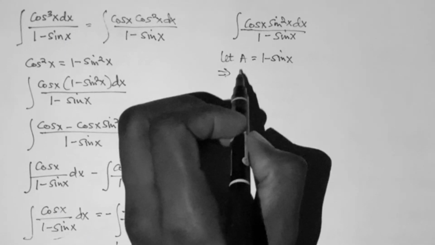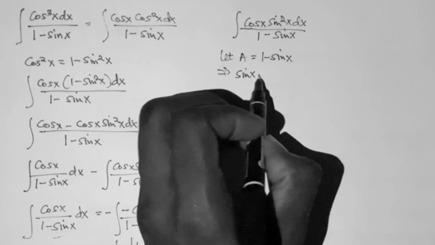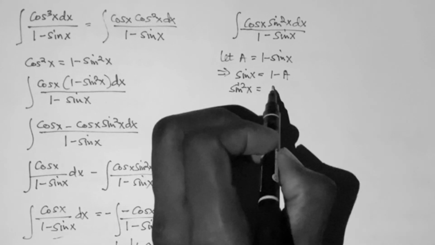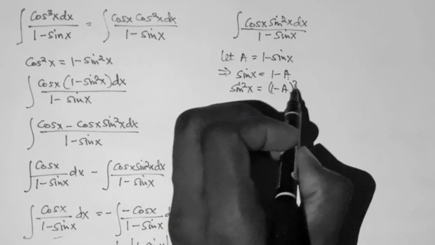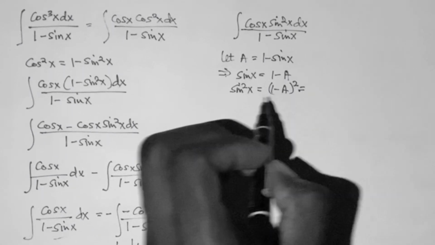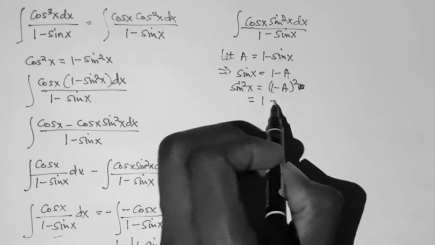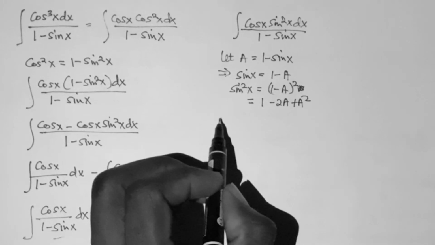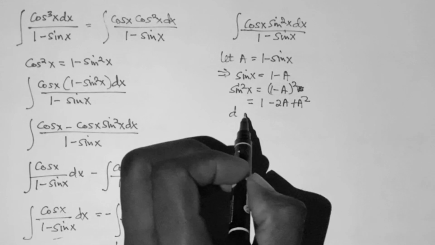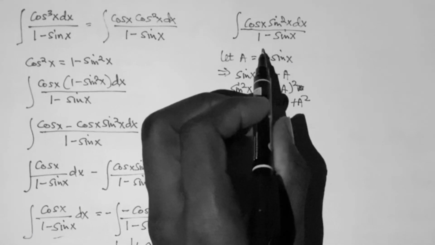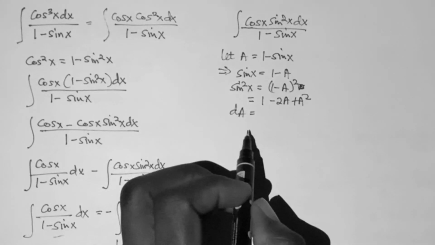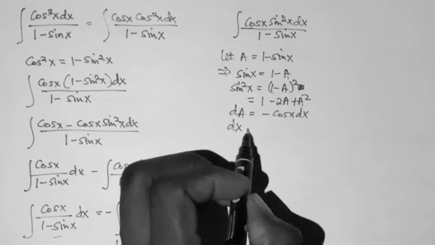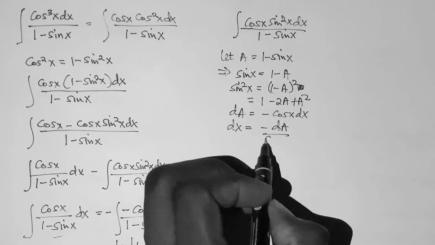This implies that sine x is equal to 1 minus a, and therefore sine squared x is equal to 1 minus a squared, which is equal to 1 minus 2a plus a squared. Now let's find dA. dA is equal to, differentiating 1 is 0, differentiating minus sine x is minus cos x dx. So this implies that dx is equal to minus dA over cos x.